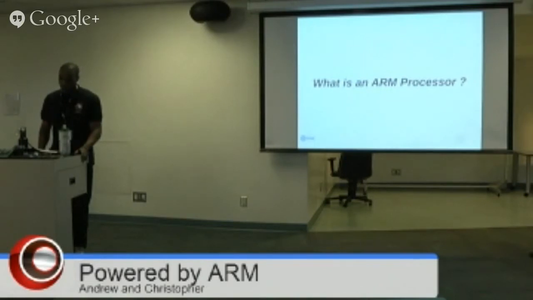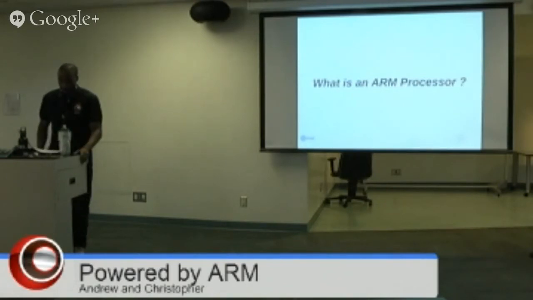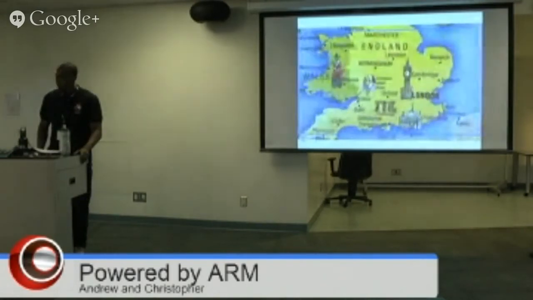Well, they're really designed for performance, and they perform a limited set of operations extremely quickly. So their main focus is speed and efficiency. ARM uses the RISC approach to processing.